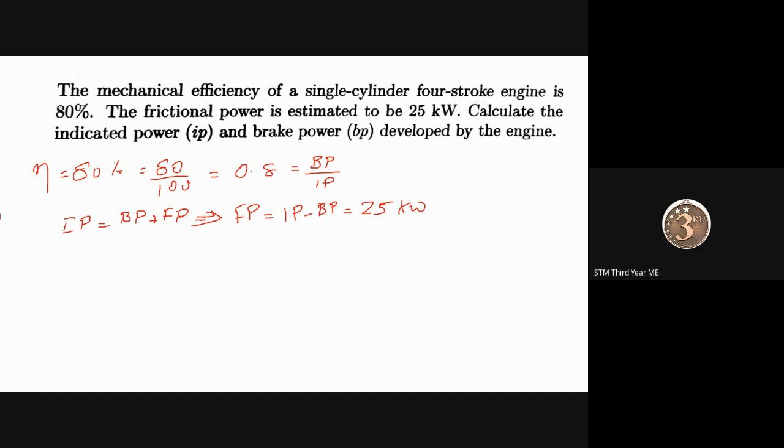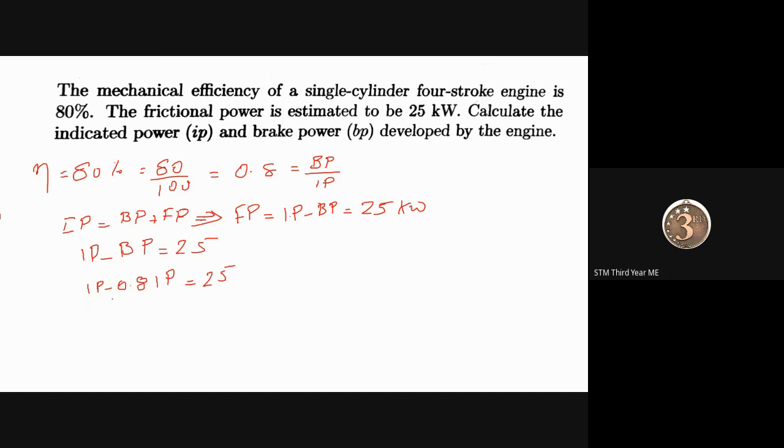Here we get IP minus BP equal to 25. For BP we will be substituting 0.8 IP, equal to 25.